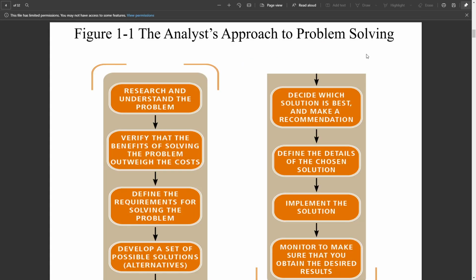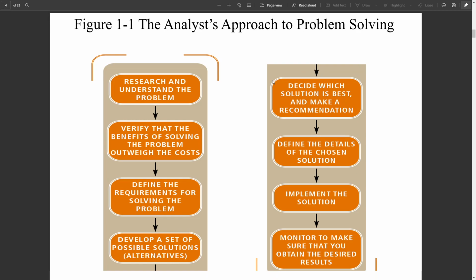So this is the analyst's approach to problem solving. It's kind of similar to what you've probably had in high school. Yung science investigatory project, parang ganun. So we have these types of approach to problem solving. First, research and understand the problem.